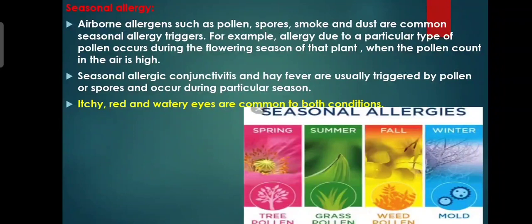Less common symptoms include headache, shortness of breath, wheezing, coughing. Many people with hay fever also have asthma. If you have both hay fever and asthma, your seasonal allergens may trigger asthma.